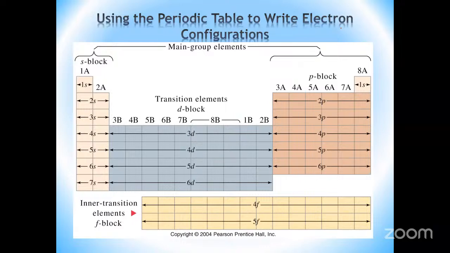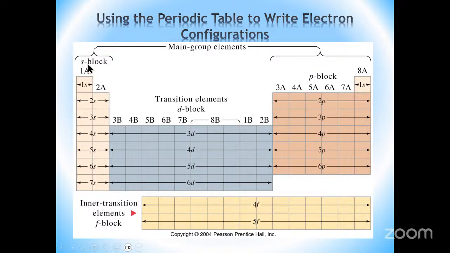Now, to look at this in more detail, you're going to see how the electrons are added to different orbitals in different regions. Going from one element to the next in the main group elements, you're adding an electron to either an s or p orbital.